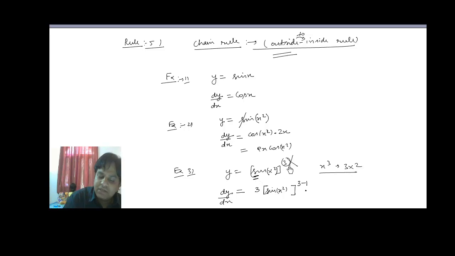Most outside I saw this 3. Now I'll see this sine of small bracket, and I'll differentiate it as cos of small bracket. Now this sine is also solved. Now I further go inside and see this small x square, and I'll differentiate it again by writing 2x.